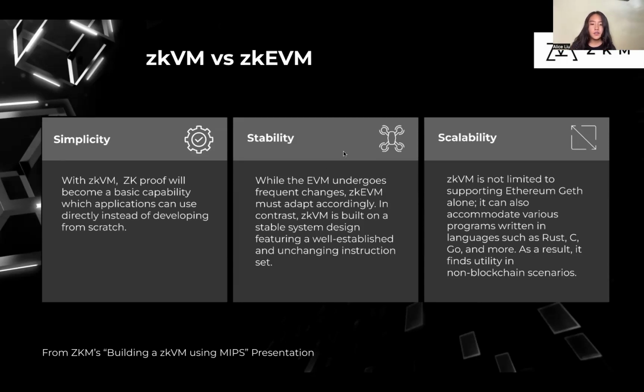In terms of stability, zkEVMs can only support Ethereum Geth, but zkVMs can support programs written in many languages, and for that reason can also have applications in non-blockchain scenarios, which zkEVMs do not offer. So those are kind of the main value propositions for using zkVMs.